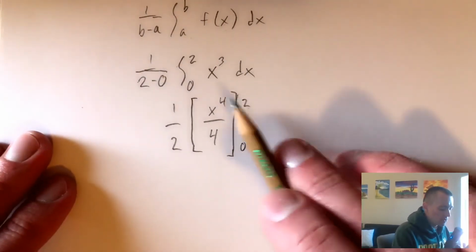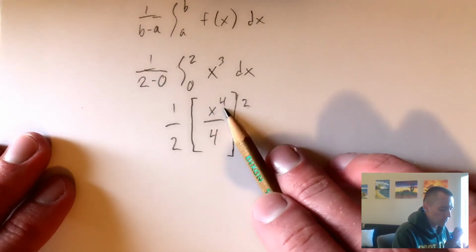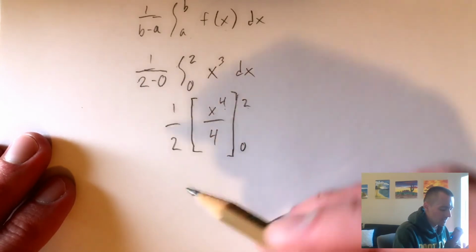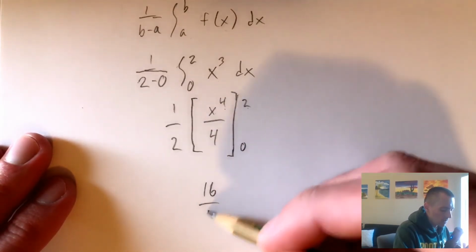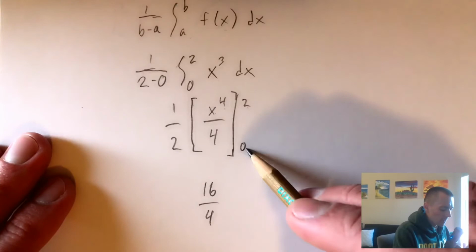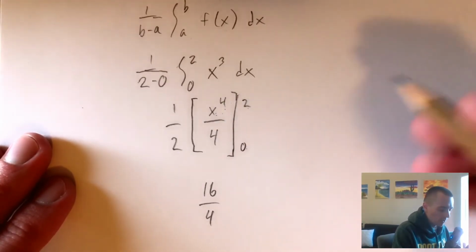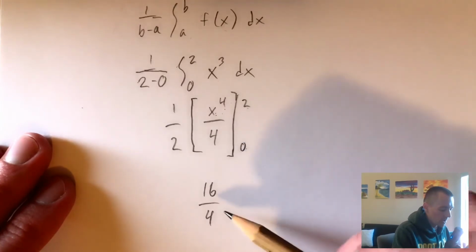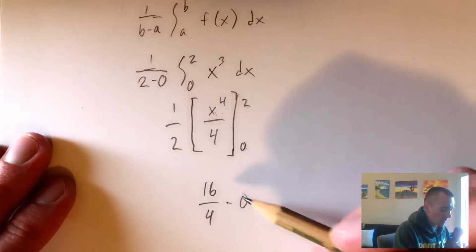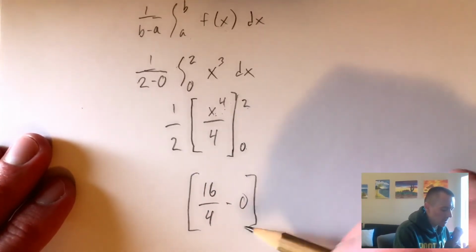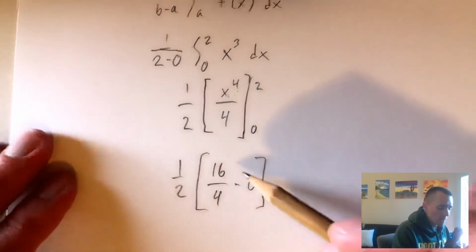So plugging in 2 into this function is going to give us 2 to the 4th power, which is 16 over 4. And then we're going to plug in 0 into this function, which is just 0 to the 4th, which is 0, divided by 4 is still 0. So we're just going to get 16 over 4 minus 0, and then multiplied by 1/2.